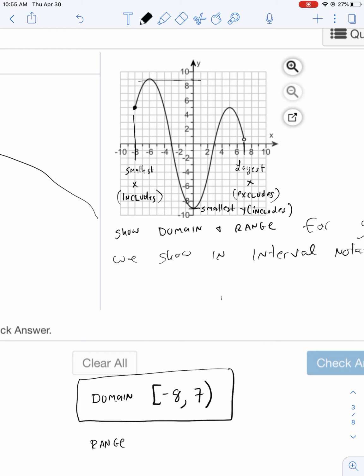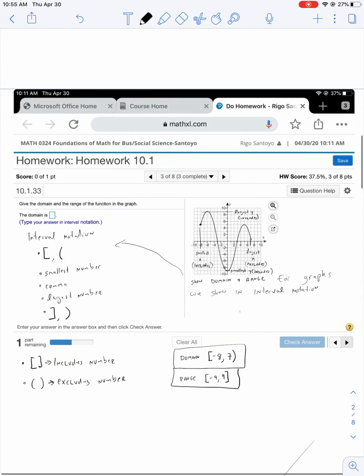Largest y value is right there. It hits 9, so it includes. All right, so our range: smallest y, -9, largest y, 9, and they include them, so that's why we put brackets. So that's a nice example for number 3.